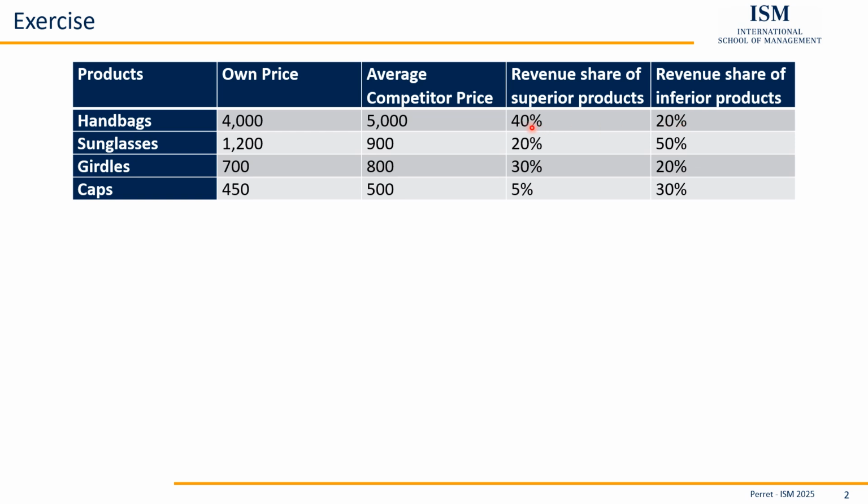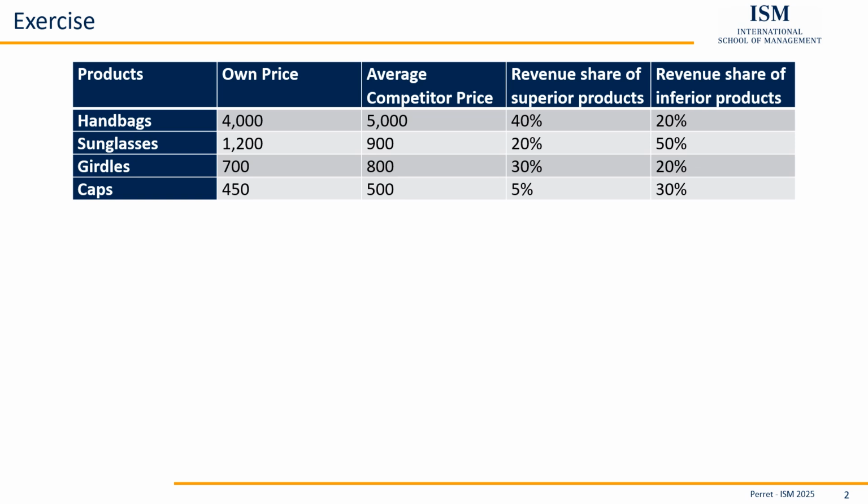So those are just revenue shares, which in this situation do not necessarily have to add up to 100%, because there are also some products where there's a neutral situation where we are rated equal to our competitor. So in this situation, for example, 40% of revenue goes to products where we are rated to have the same quality as our competitors.